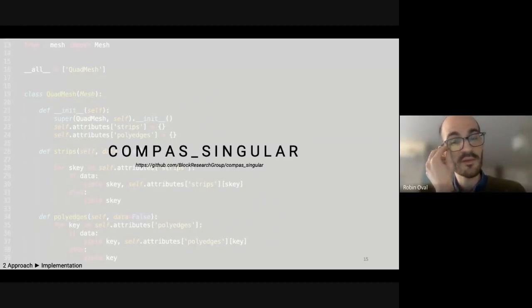This work is implemented in an open source package, because the goal is to share this research through user-friendly tools. It's based on the Compas framework developed at ETH Zürich.